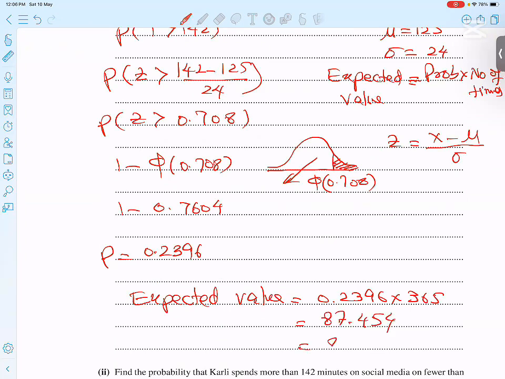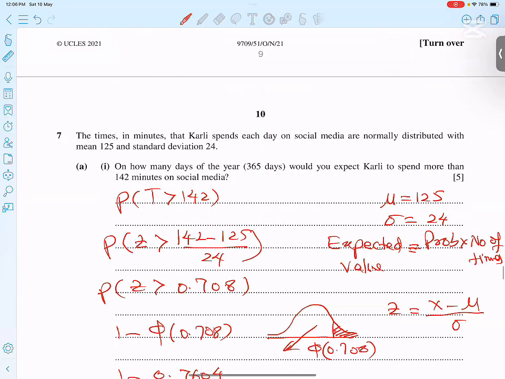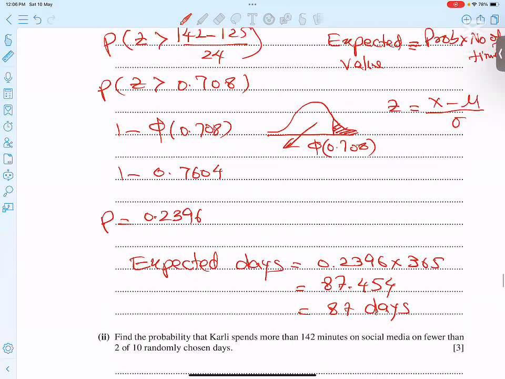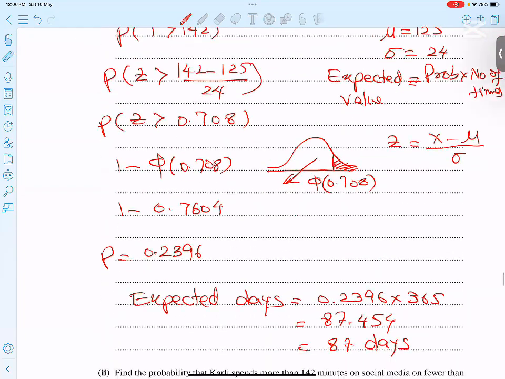Rounding, I got 87, or 85 or 88, not wrong even. So 87 days actually we are talking about. How many expected days? You write the word expected value or expected days, no problem at all. I hope the concept is very clear.